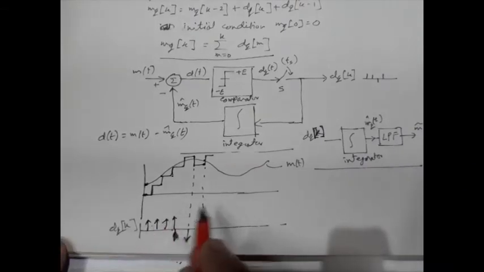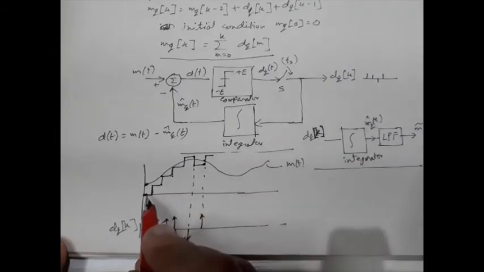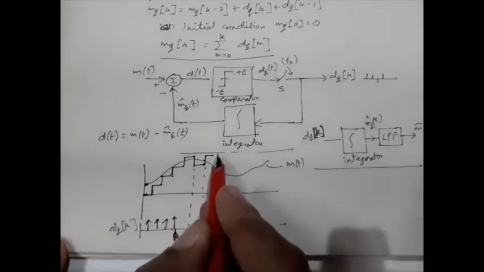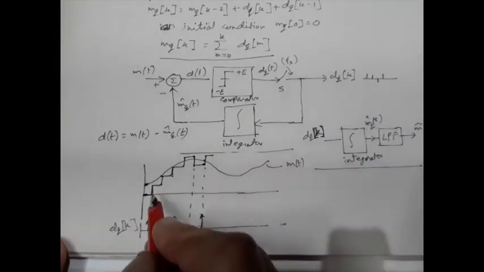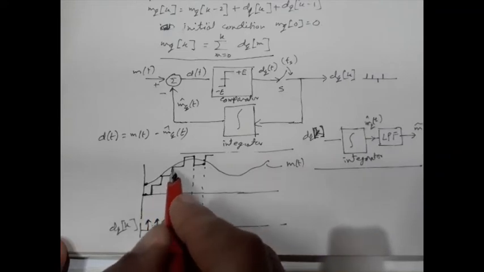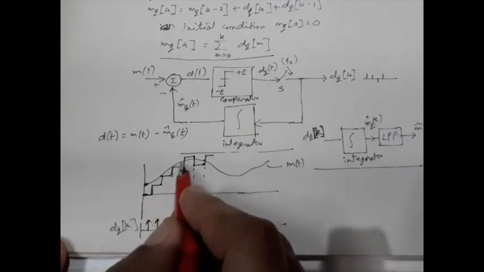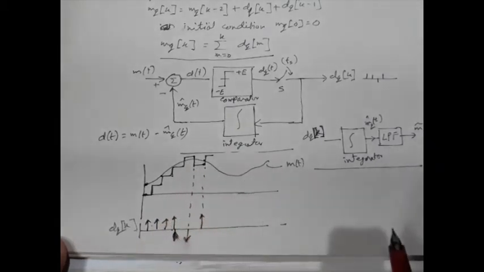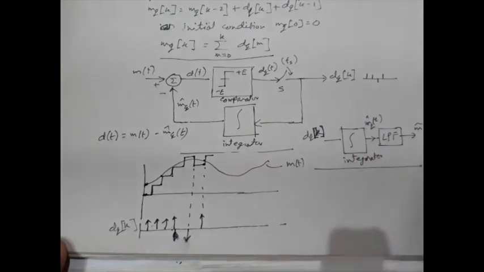So that is given to the integrator. So integrator will produce this type of a staircase waveform, and the low pass filter will eliminate the high frequency component from this staircase, and the original message or replica of the message will be recovered. This is how this demodulator works.